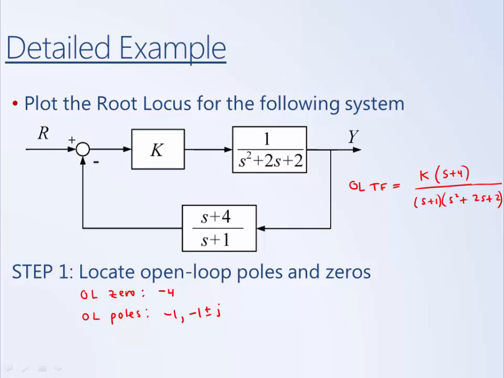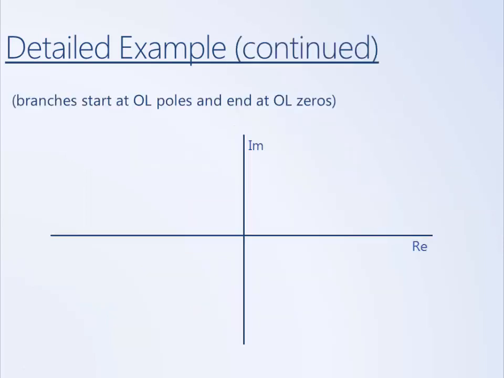Once we've found those, we can go ahead and plot them. We have an open loop pole at -1, an open loop pole at -1 plus j, and an open loop pole at -1 minus j. I'm indicating the open loop poles with these x's.